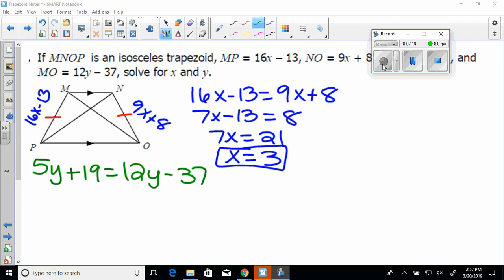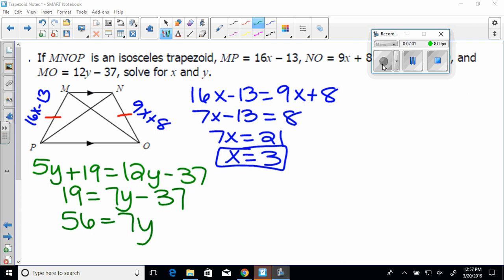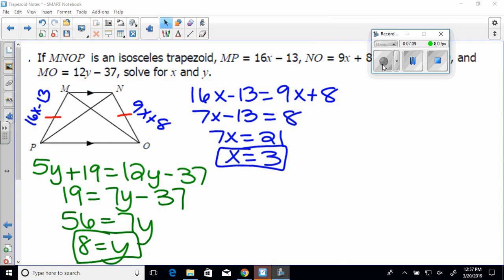And now we just solve for y. So now 8 is equal to y, and x is equal to 3.